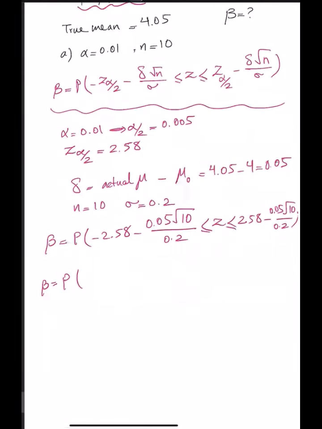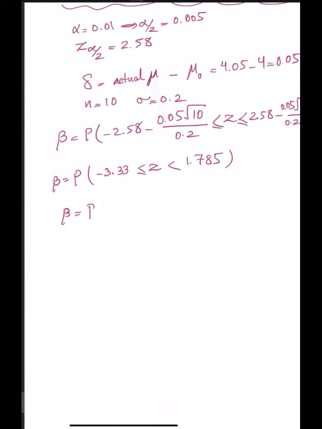So this is going to be the probability of Z being less than minus 3.33, less than 1.785. And this is going to be the probability of Z less than 1.785 minus the probability of Z less than minus 3.33.